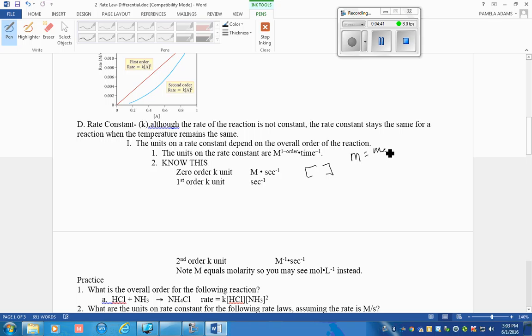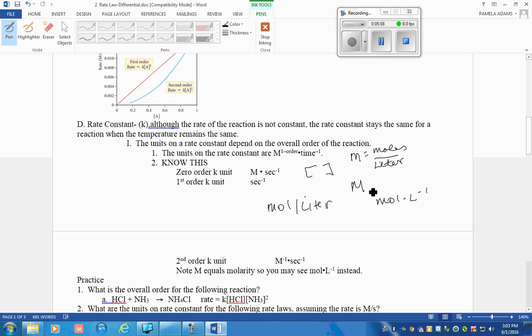Molarity is equal to the moles of the solute over the liters of solution. We can write that as M. We can write that as moles times liters to the -1. We can write that as moles per liter. Doesn't matter to me. I prefer to use this because I am lazy.